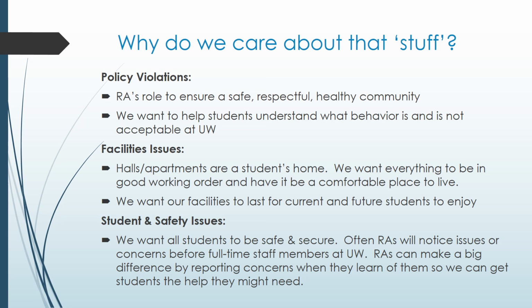When we address a policy violation, it's because we want students to understand what's acceptable and what's not acceptable, to be held accountable for that behavior, and to understand that their actions have consequences and impacts oftentimes on others around them, that we're all part of a community and there are expectations that go along with living in that community.